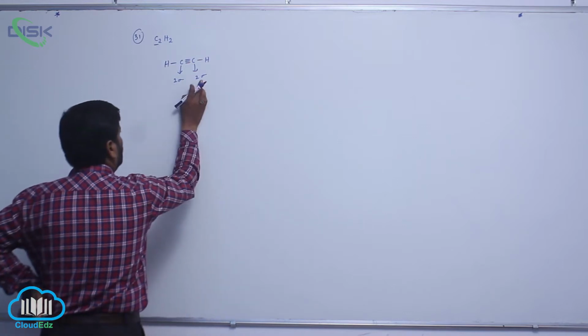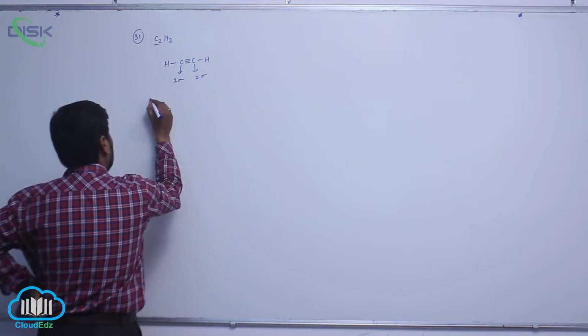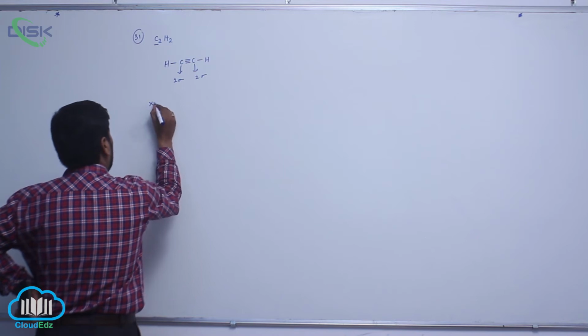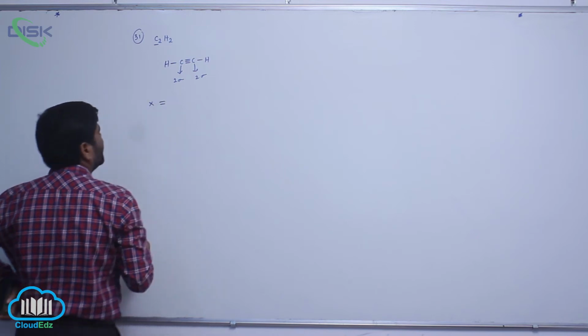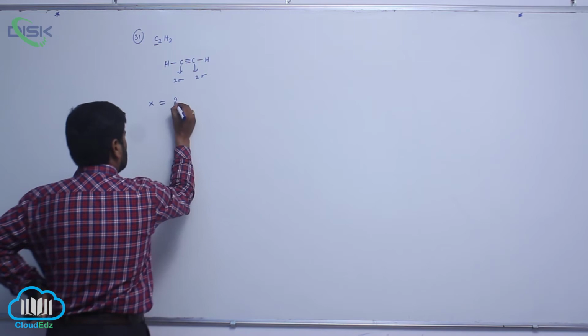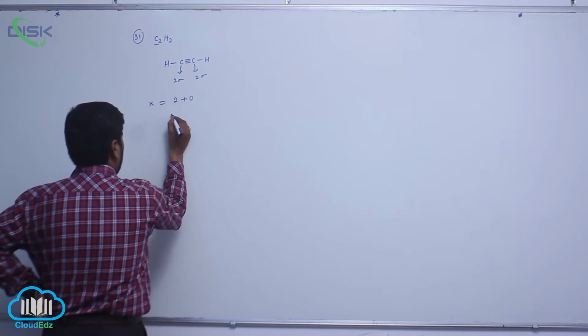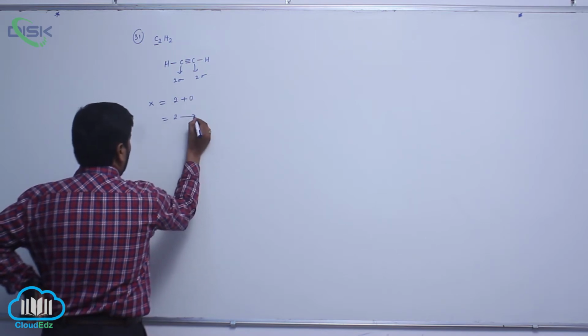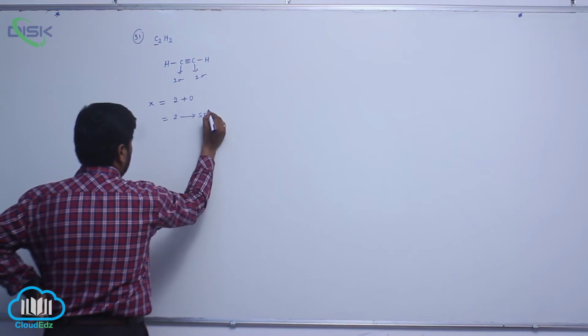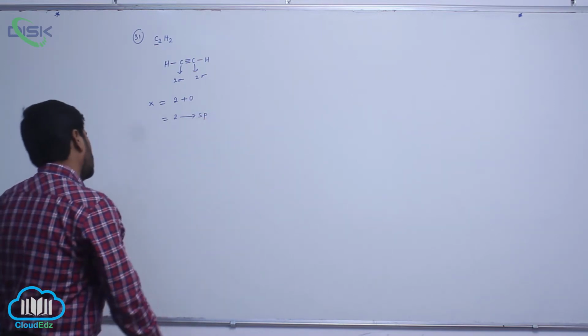So each carbon hybridization is 2 sigma bonds, number of lone pairs 0, 2.